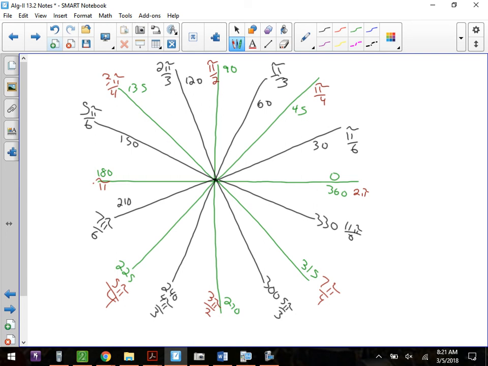Okay? Plus, if you think about it this way, what's 360 divided by 30? It's 12, so you should have 1, 2, 3, 4, 5, 6, 7, 8, 9, 10, 11, 12. You should have 12 of the sixths going around.